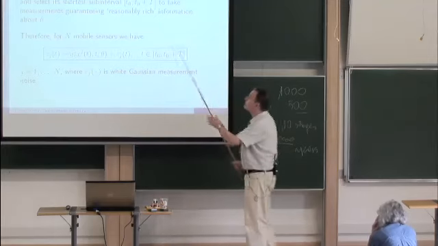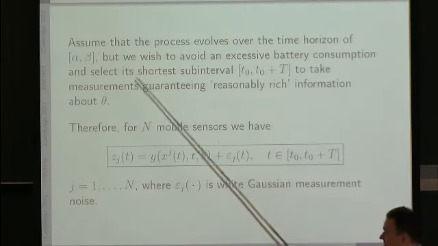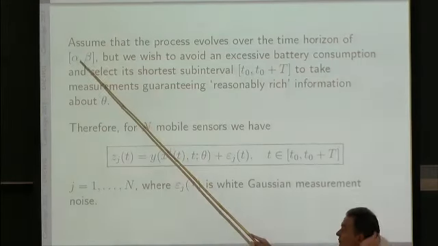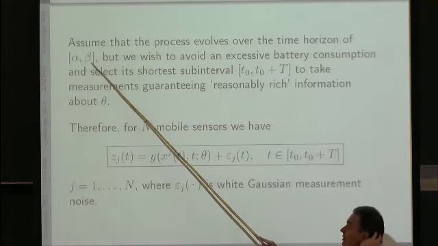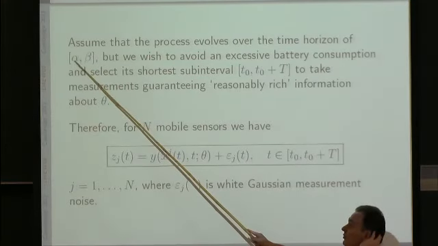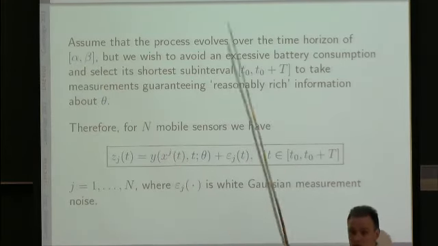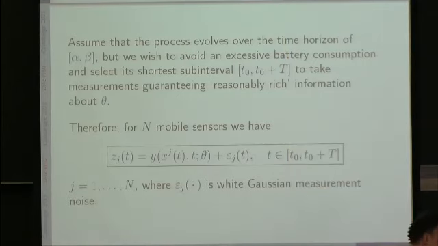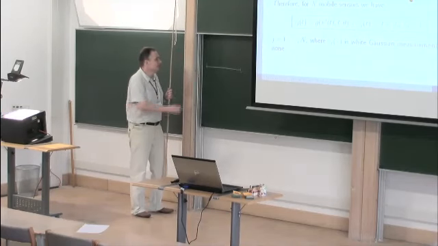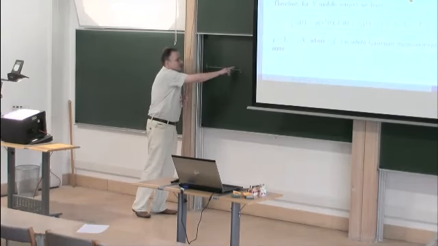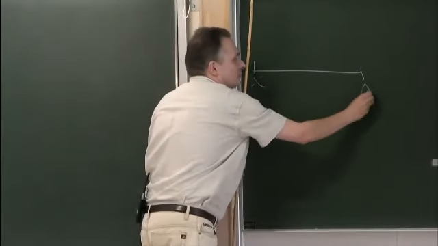And the problem here is that we have our spatio-temporal process, which is defined on the interval from alpha to beta. So we have a big interval. And the evolution of the pollutant concentration is defined over this interval from alpha to beta.